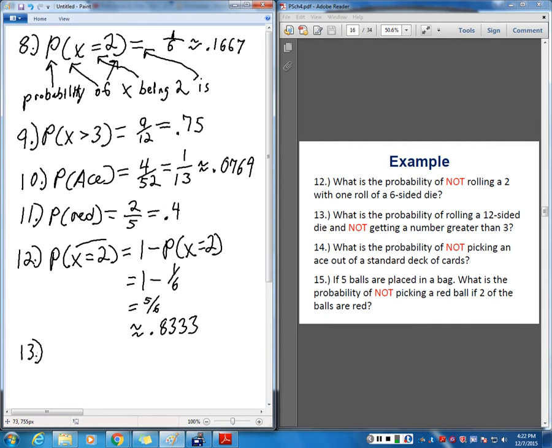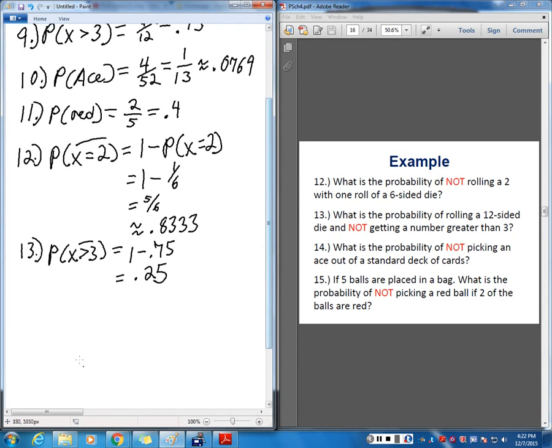Number 13. What's the probability of rolling a 12-sided die and not getting a number greater than 3? Well, this is the complement of number 9. Probability that x is greater than 3 complement is going to be 1 minus 0.75, which is 0.25. Number 14. Find the probability of not picking an ace out of a standard deck of cards.